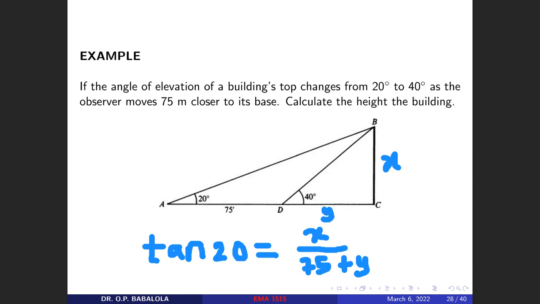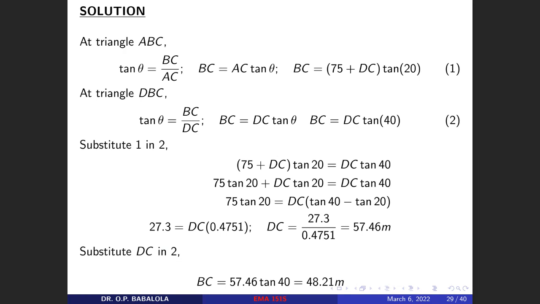And now we can express it to say X equals 75 plus Y times tan 20, right? That's how I've represented it here. So we have represented this as our first equation.